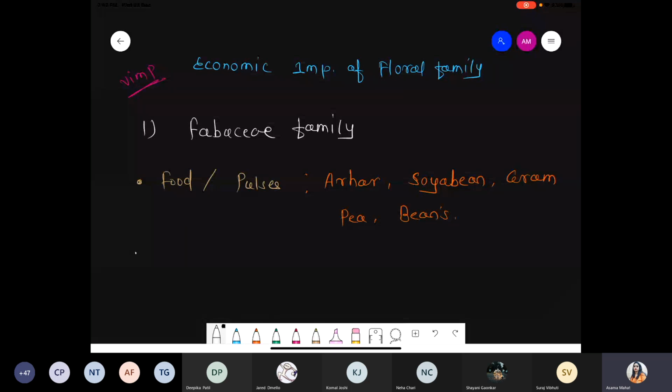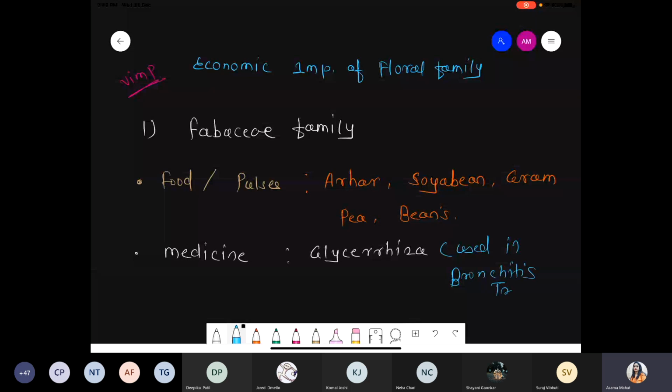Next point we are talking about as a medicine, medicinal value. As a medicine, we are taking one example, Glycyrrhiza. Glycyrrhiza is basically an example of a plant which is used in the treatment of bronchitis.